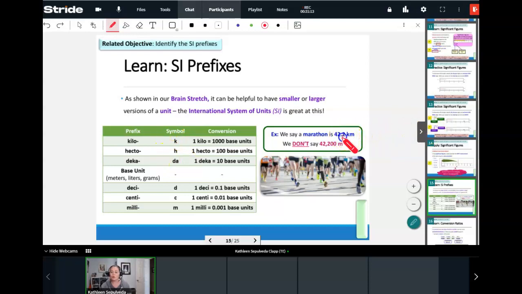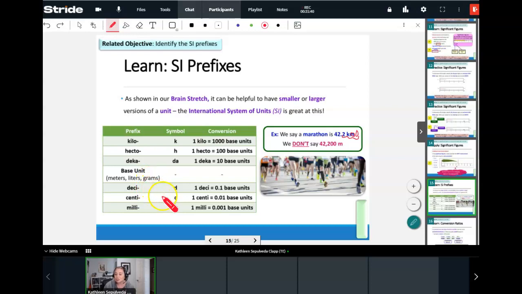So I can go 1, 2, 3 and put my zeros here, and I would get 42,200 meters. Now, we wouldn't say that in a race. That's crazy. Hey, you want to run a 42,200 meter race? No, we would say, hey, do you want to run a 42.2 kilometer marathon? Okay, so that's where the SI unit does a beautiful job.